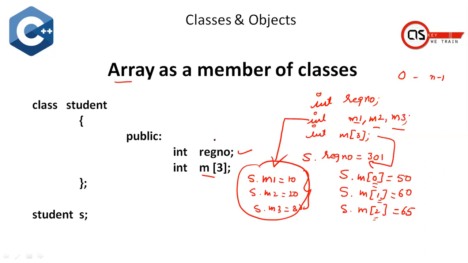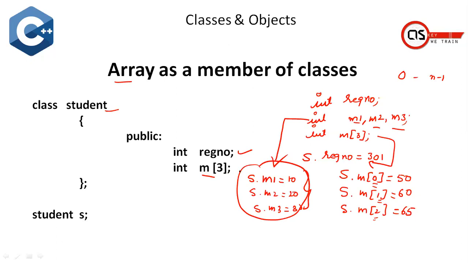If you are performing some operation on a register number in a class called student, you can also perform operations on an array which is a part of your class. The same kind of operations or manipulations performed on the data members can also be performed on the array which is a part of your class.